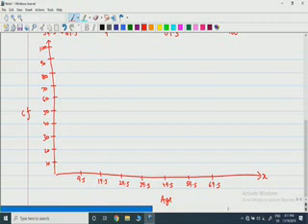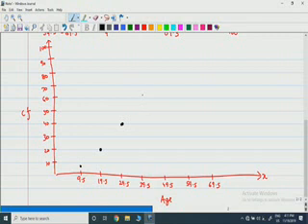Now we have to plot the points. Now you know age less than 9.5, how many persons are there? 5. So 9.5 comma 5, that will be over here. Then less than 19.5, we have 20. So this will be over here. 29.5 we have 40, then 39.5 we have 63.